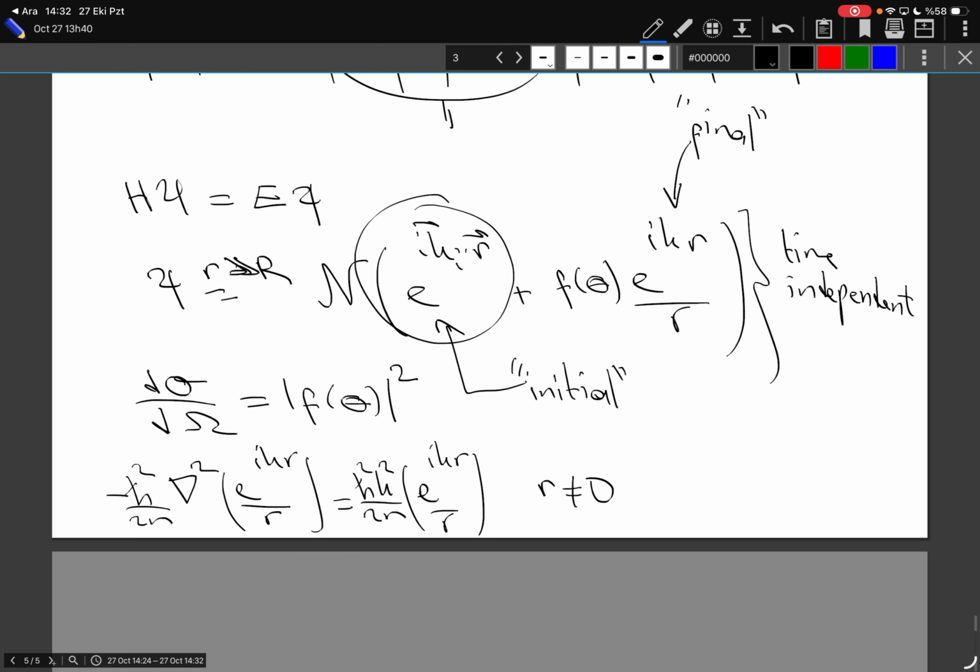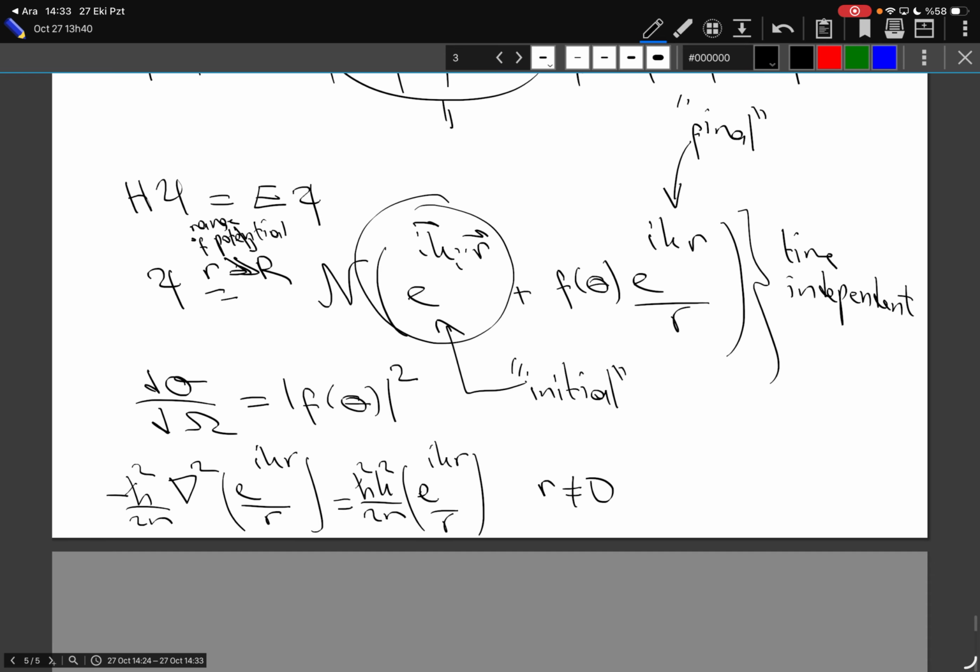What was the condition that r must be much larger? Well, this is the range of the potential. If your potential is non-zero just within this region, outside this region the potential is 0.